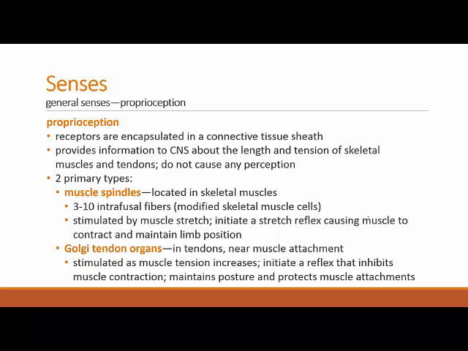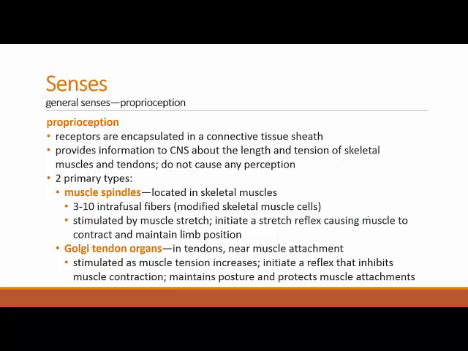And there are two primary types of proprioceptors. There are the muscle spindles, and these are located in skeletal muscles. They're composed of between 3 and 10 what are termed the intrafusal fibers. And if you look on page 451, you can see an image here of a muscle spindle in a muscle.